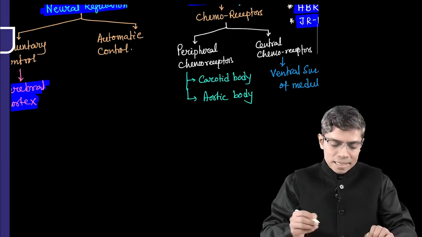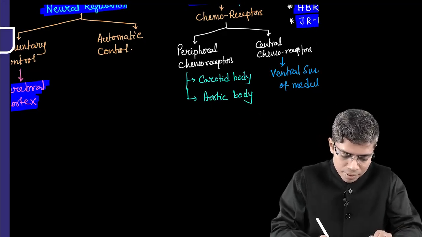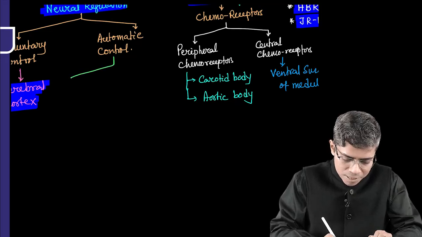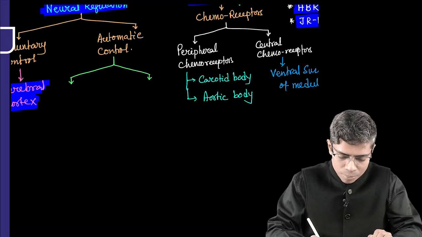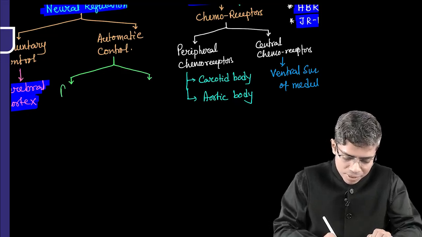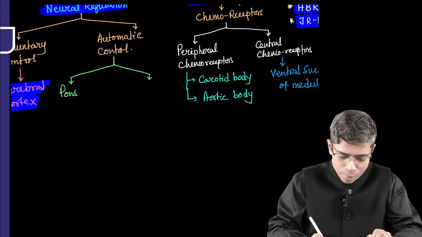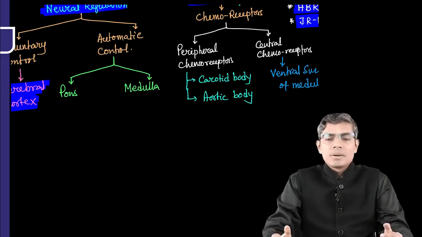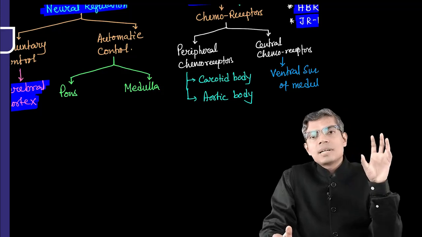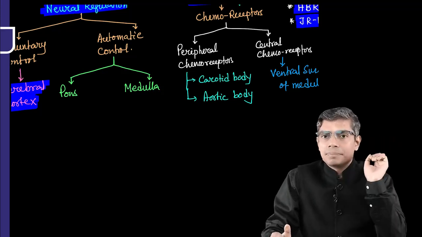Who is responsible for the automatic control of respiration? Two important areas of the central nervous system: number one, the pons, and second, the medulla. So the automatic control centers are located at the level of pons and medulla.